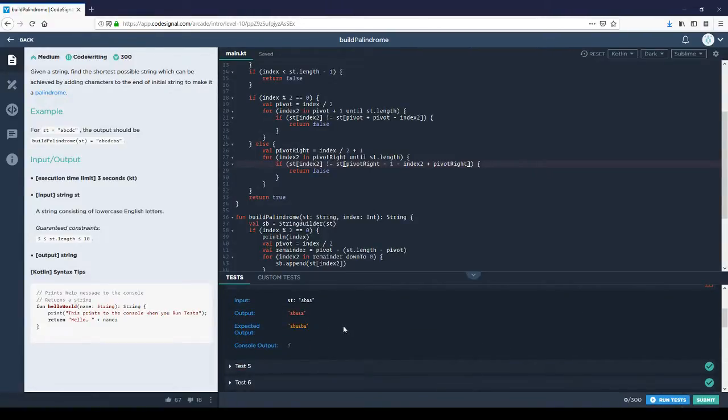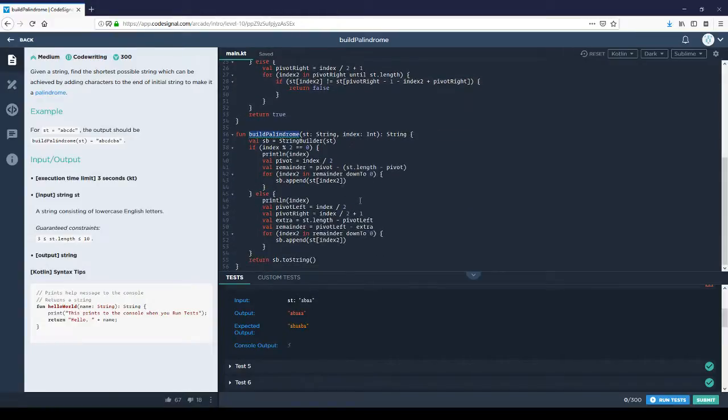So there's still a problem here. Probably some building problem. 0, 2, 4, 5. So yeah, it's successfully getting the pivot. But something went wrong in this buildPalindrome. Pivot left, pivot right, and extra would be, so pivot left, yes, that's correct, definitely. So extra is length minus pivot left.